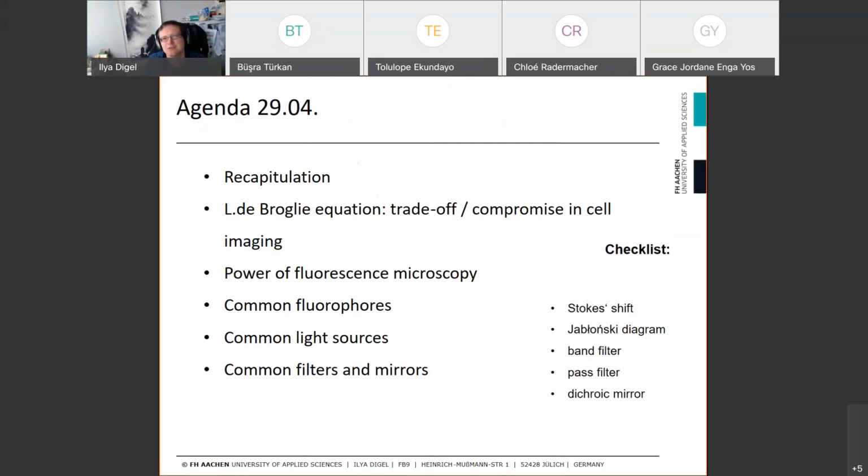We will get certain knowledge about the light sources typical for fluorescence microscopy. And probably we will learn some terms related to filters and mirrors, like dichroic mirror, like pass filter, band filter. And the other two terms we are going to talk about are Jablonski diagram and Stokes shift.